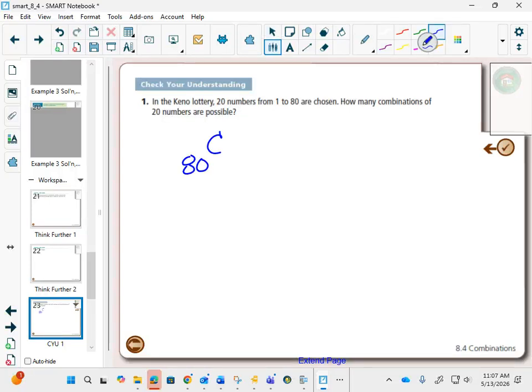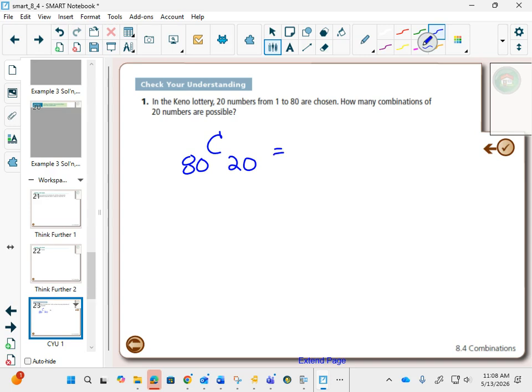First of all, it says combinations, but one of the things you're always going to do in these questions is ask yourself, does the order matter? If the order matters, you're going to use all your permutation strategies. If the order doesn't matter, you're going to use your combination strategies.